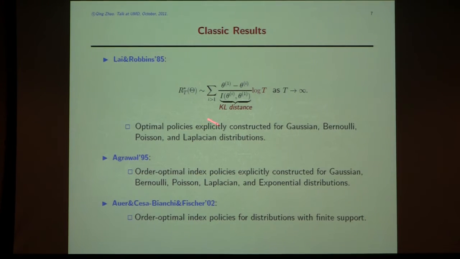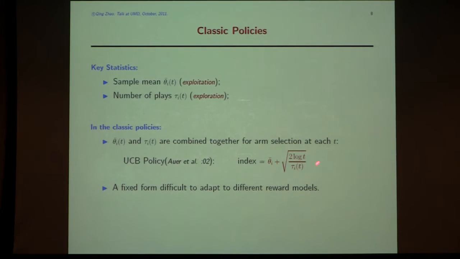This fundamental limit tells us we have to spend on the order of log t amount of time on every arm in order to have an accurate sense of which arm is the best. That's what the second term is doing.